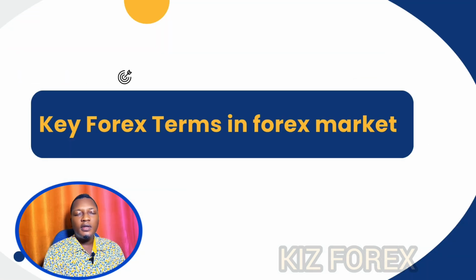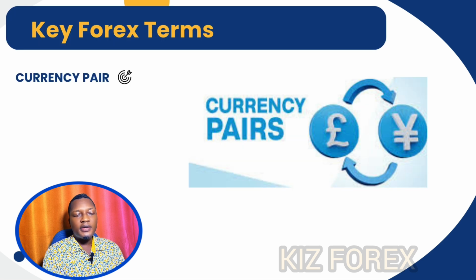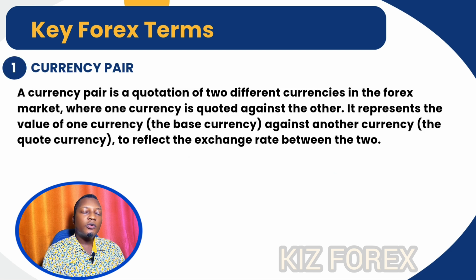Now, before you can know anything about the Forex market, the first things you need to know are the key terminologies or key terms of the Forex market, so you can understand all about it. One of the key terms is currency pairs. A currency pair is a quotation of two different currencies in the Forex market, where the first currency is quoted against the other currency.